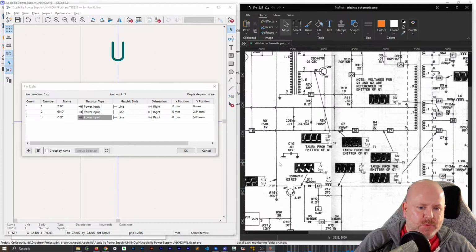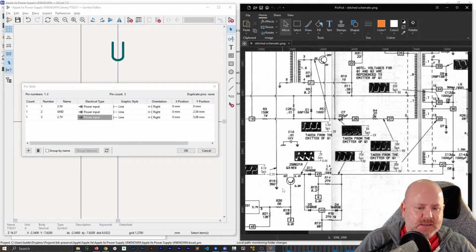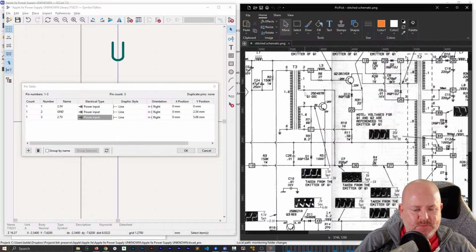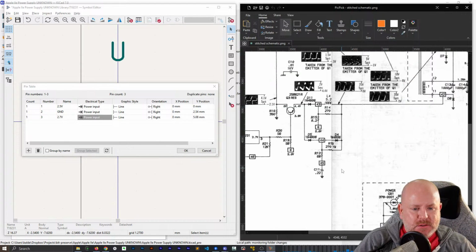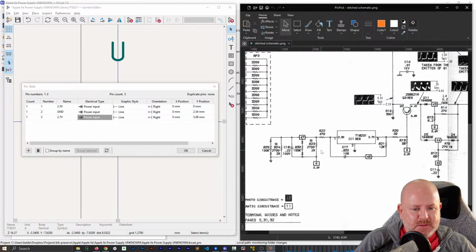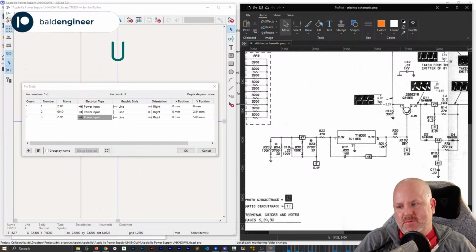Which side of the transformer are we on? Yeah, see, I think this is the thing that pulses the transformer. And so I think this is an input and this is an output, and it's actually controlling that transistor.